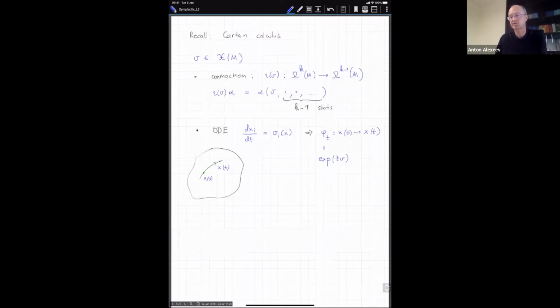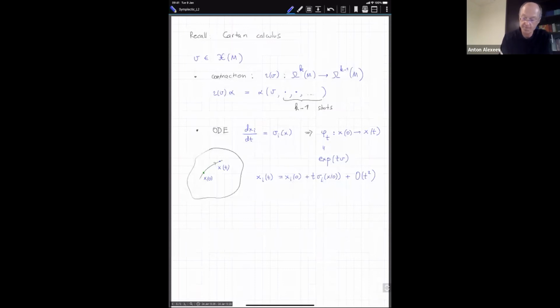Of course, this is just a notation; it's an exponential in the group of diffeomorphisms, so something complicated. But what is important for us is that x_i of t is x_i of 0 plus t V_i of x of 0 plus O of t squared. Everything is smooth; if the solution exists, it would be of this form.